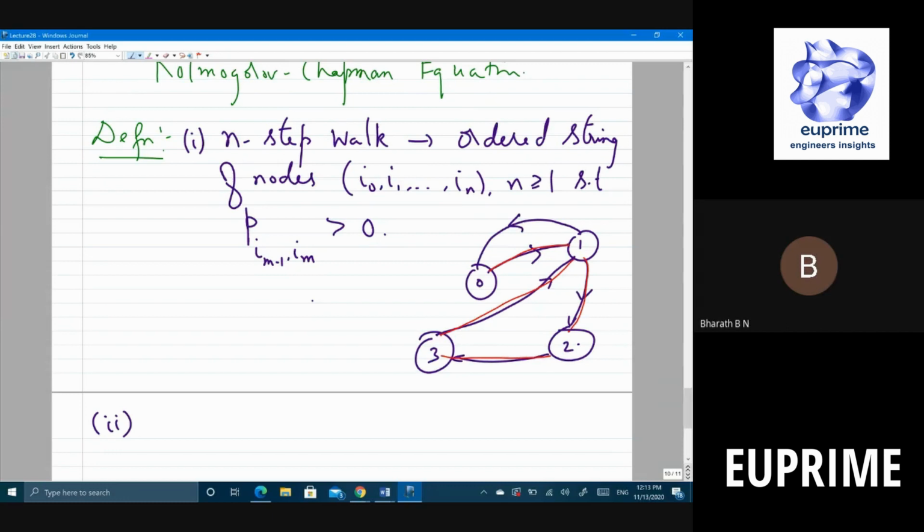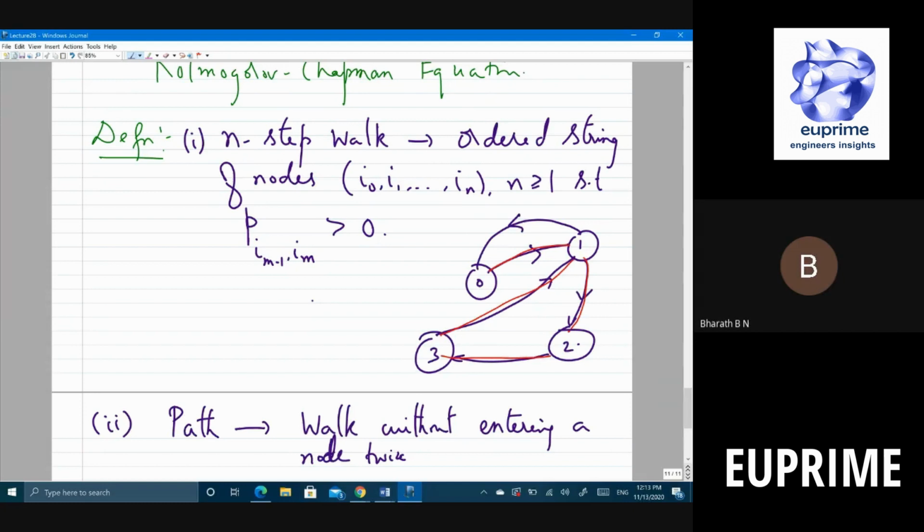Okay. There is something known as a path. A path is a walk with no cycles, a walk without entering the same node twice or more.